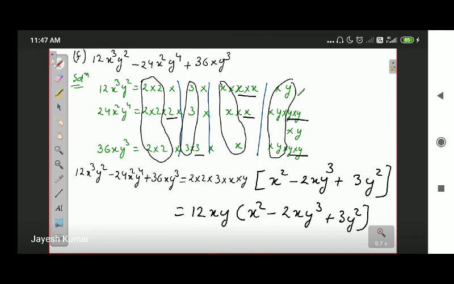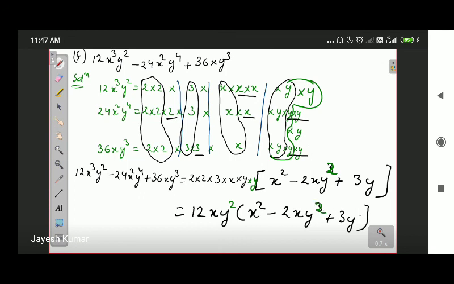I've written it wrongly into y. This will be y square. This will be y square. This will be y square. This will be y. Okay, y square is taken as common because there were two y's in the first expression. I miswrote it. Okay, so this is your final answer.